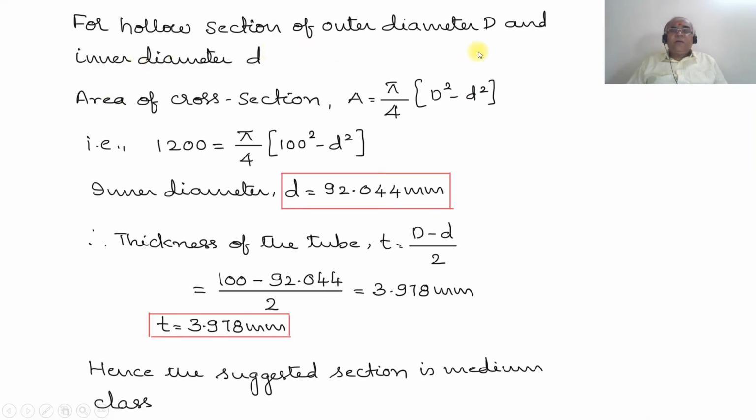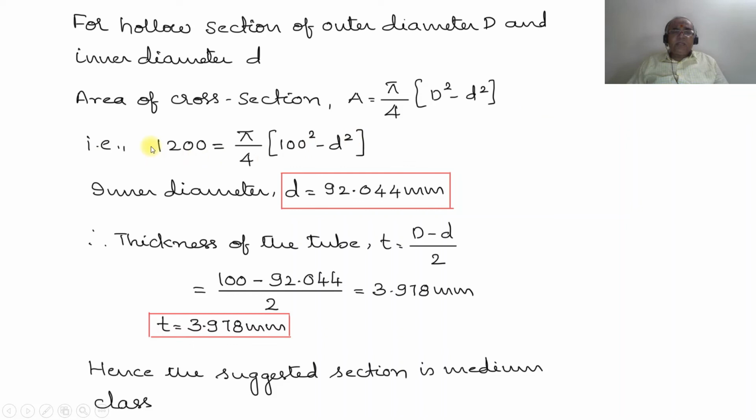Now for a hollow section, the outer diameter is capital D and the inner diameter is small d. So the area of cross section, capital A, is equal to pi by 4 into capital D square minus small d square.